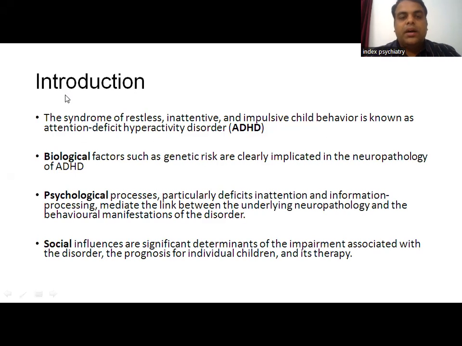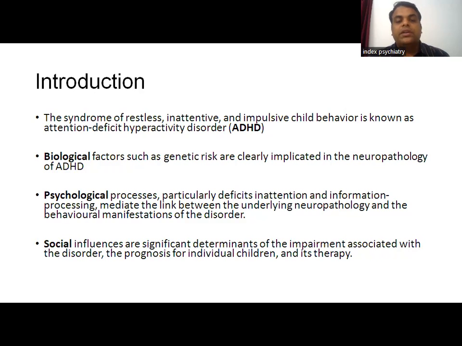Introduction. The syndrome of restless, inattentive, and impulsive child behavior is known as attention deficit hyperactivity disorder, called in short form ADHD. Biological factors such as genetic risk are clearly implicated in the neuropathology of ADHD.